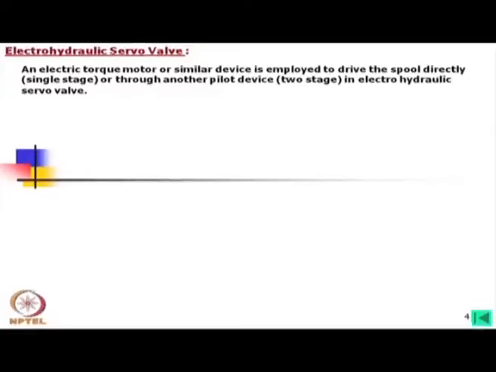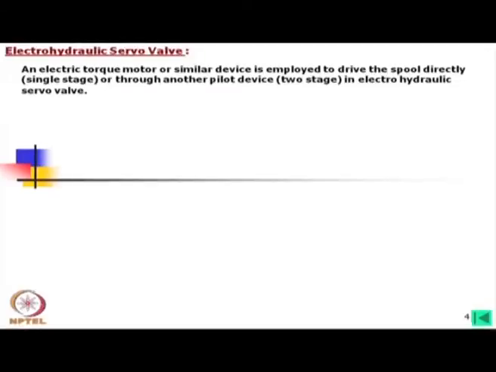Here I would like to mention, in some cases for very large force and very high flow, a 3-stage valve is used. The pilot stage operates another stage, which is called the secondary pilot stage, and that stage will ultimately operate the main valve.